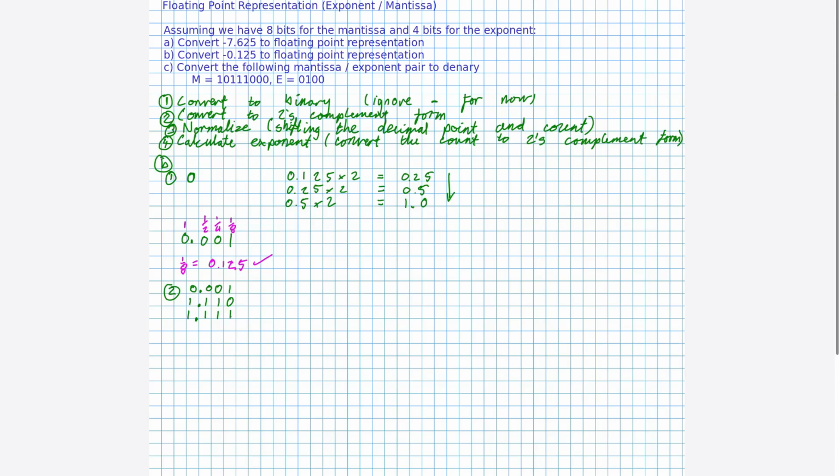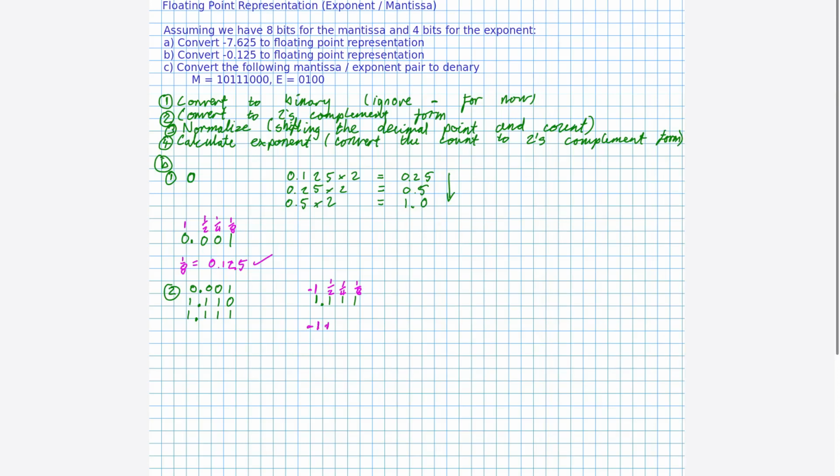Let's be very concise and check this as well. It seems like it's worth checking. So we do exactly the same as we did before, now that it's in 2's complement, except the front bit should be negative. So we've got negative 1 over here, half, 1 over 4, 1 over 8. Let's add them up.